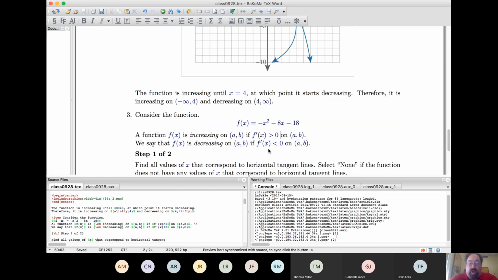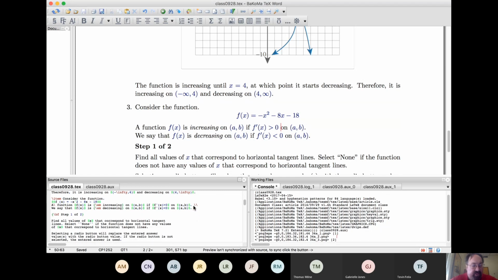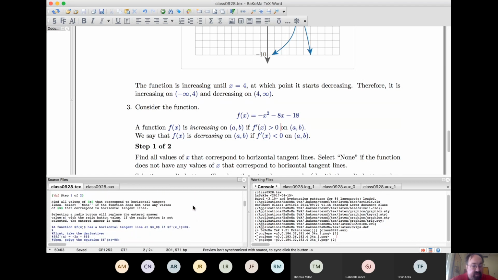So to figure out when a function is increasing or decreasing, a helpful step is to find out where its derivative is equal to 0, because that is the dividing line between regions where it's increasing or decreasing. What the problem asks for first is to find x values that correspond to horizontal tangent lines. What does that actually mean?